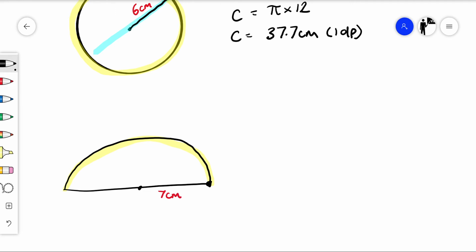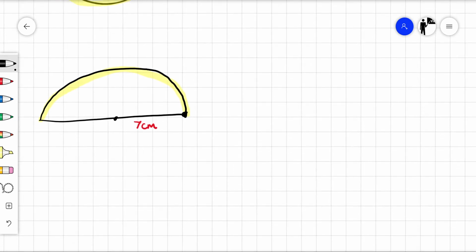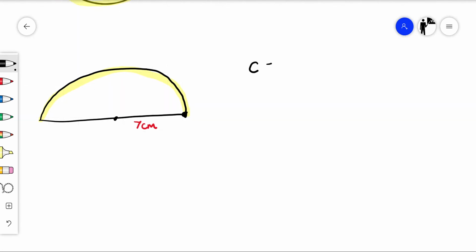So we want to work out the curved part, that's the part on the circumference. The formula for the circumference is c equals pi d. But that would be if it was for a full circle. That would tell me that full length, but I've only got half of that. So that's why we're going to do a half pi d.